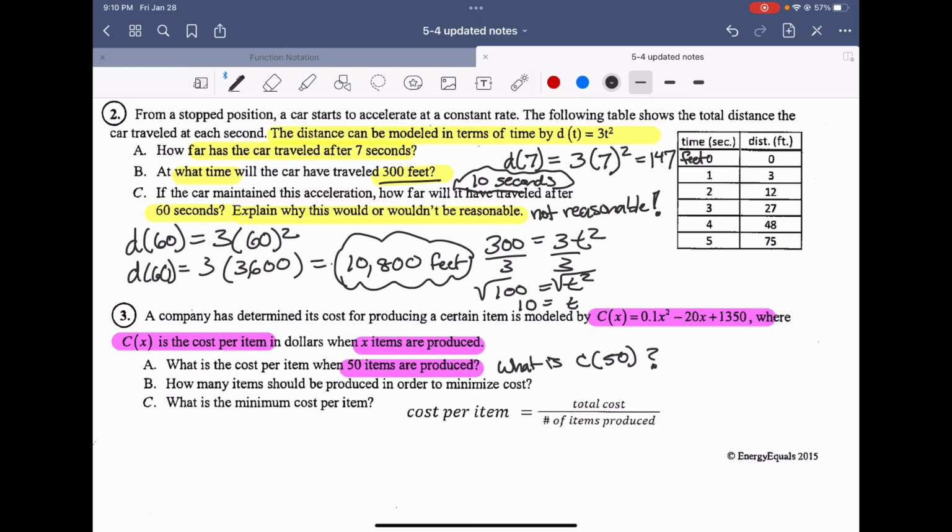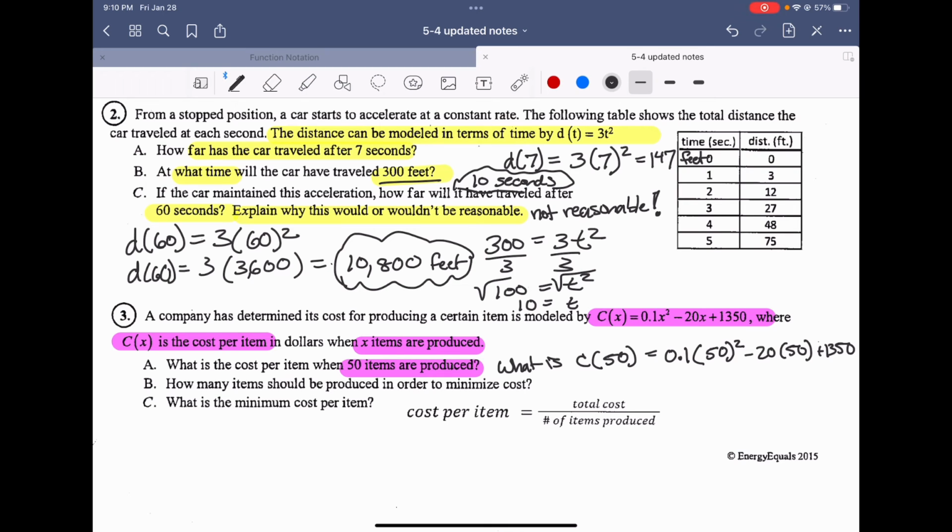We can go C of X equals 0.1, and then wherever you have an X, plug in 50 squared, minus 20 times 50, plus 1350. Let me grab my calculator here. You guys can do this too.